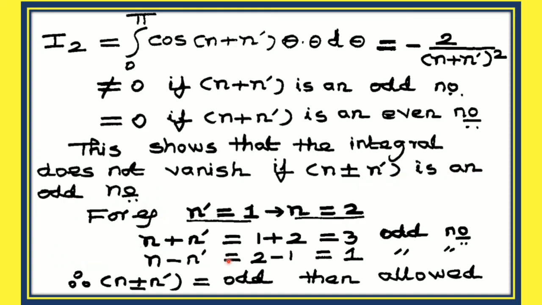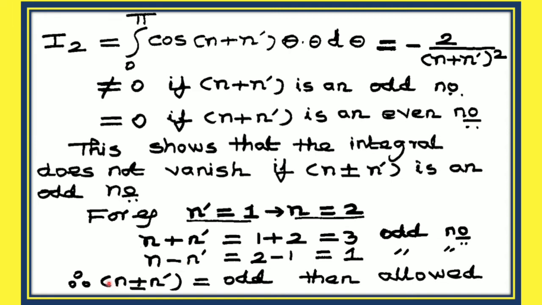Let us see an example, maybe it is easily understood. For example, the electronic transition takes place from n prime equal to 1 to n equal to 2. Therefore, n plus n prime equals 2 plus 1 equals 3, an odd number. Similarly, n minus n prime equals 2 minus 1, that is an odd number.